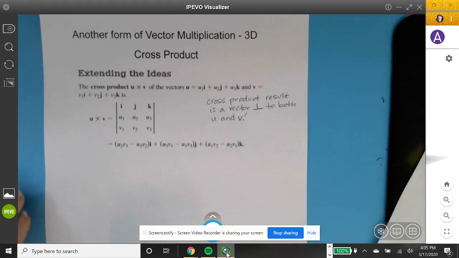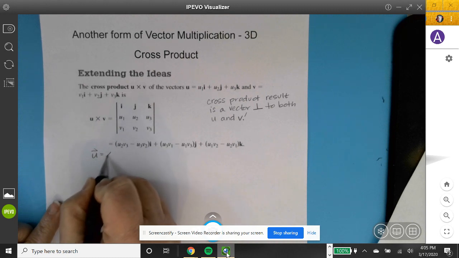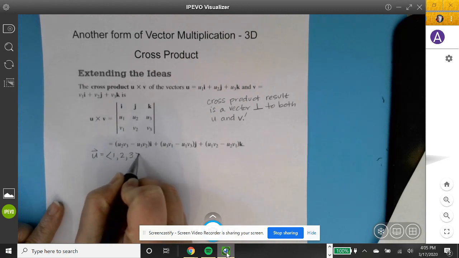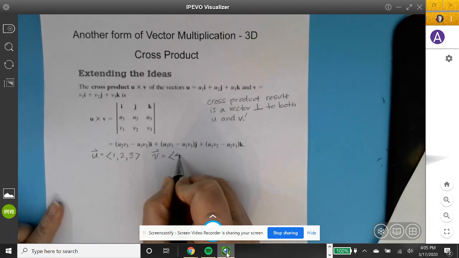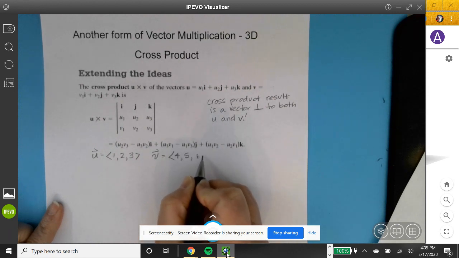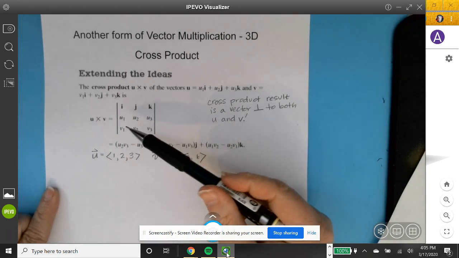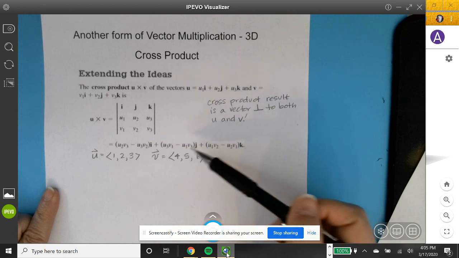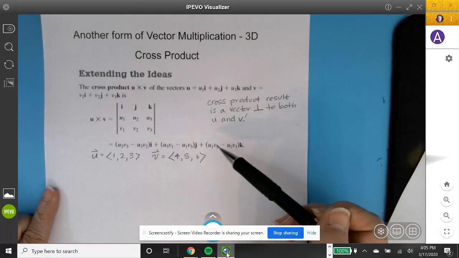Okay, so what we're going to do is we're going to use our old friend, the vectors. We're going to use u equals the vector 1, 2, 3, because that's easy, and v equal to, what do you guess? 4, 5, 6. And those are vectors in 3 space. And then the cross product, this is a big ornery formula to have to memorize, but I'm going to show you how to do it without having to memorize.